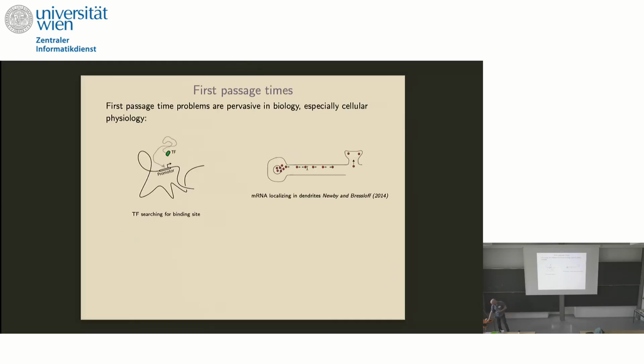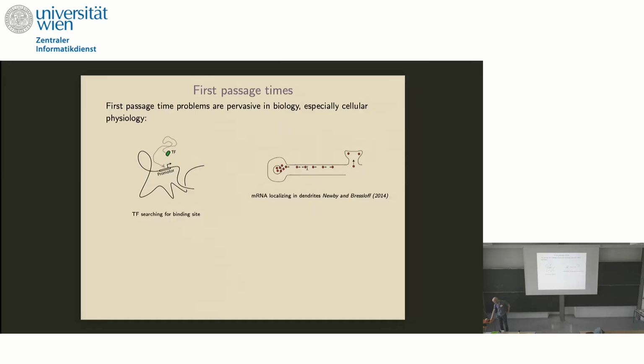So a lot of problems in biology involve something having to find something, like a molecule having to find something. One example is a transcription factor. These are things that bind and unbind to the DNA and control whether it's transcribed or not, and they have to find the DNA to do that.